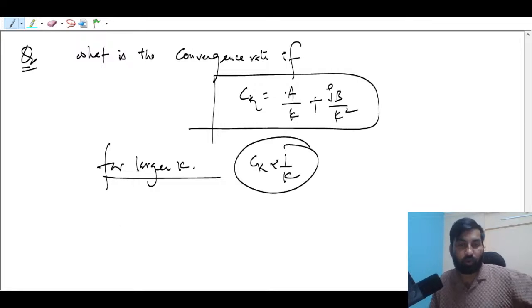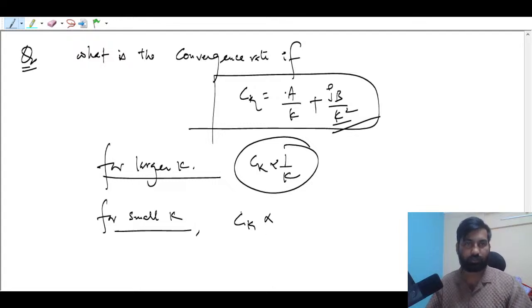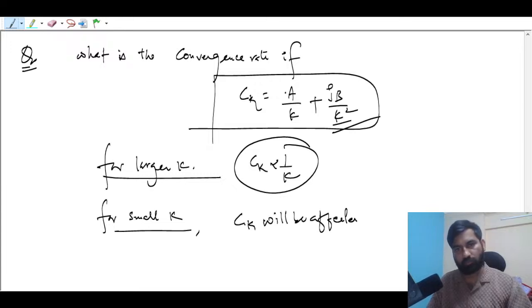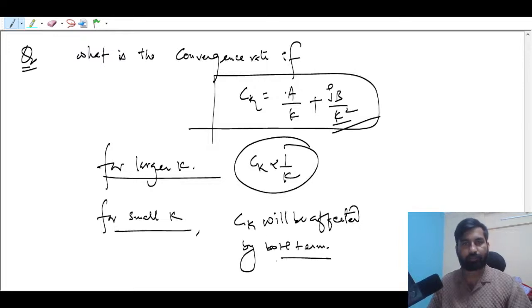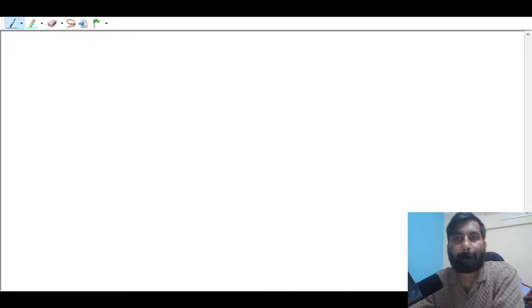But for small k, your Ck will vary according to 1 by k as well as 1 by k square. Please do remember, your Ck is going to be affected by both terms. I think this is clear.